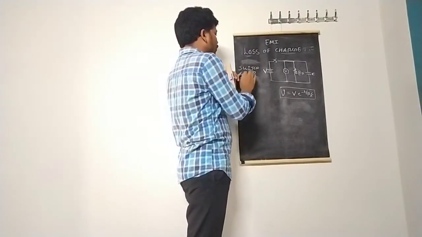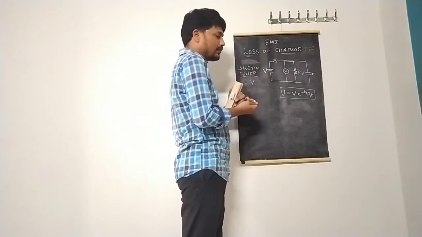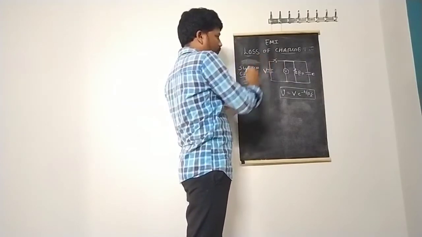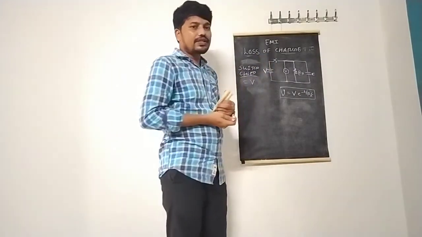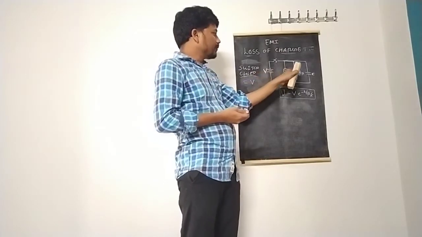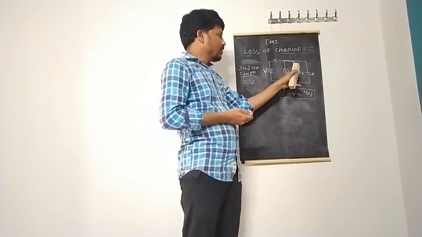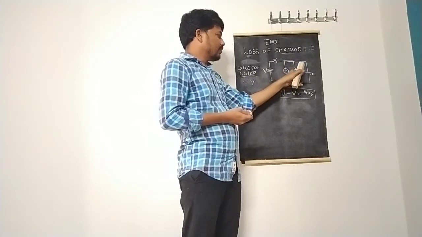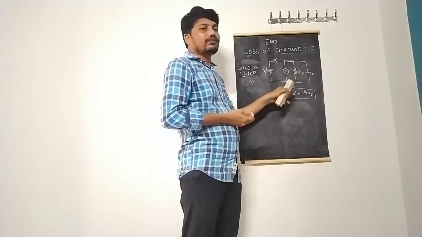Similarly, after some time, when the switch is in the open condition, the capacitor tries to search for a discharging path. The purpose of this resistance here is to provide a discharging path for this capacitor.